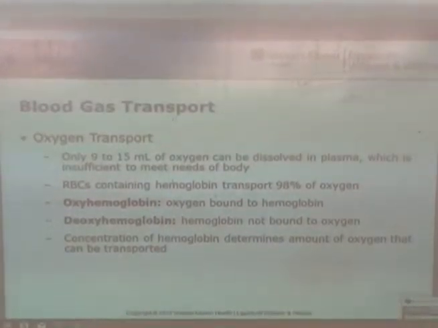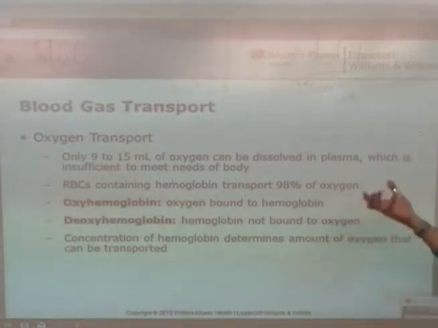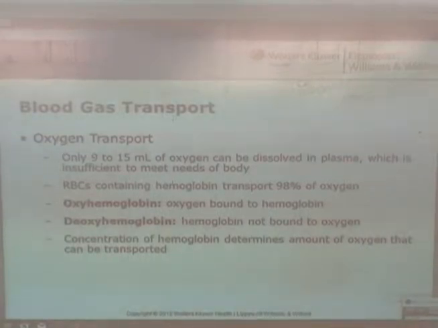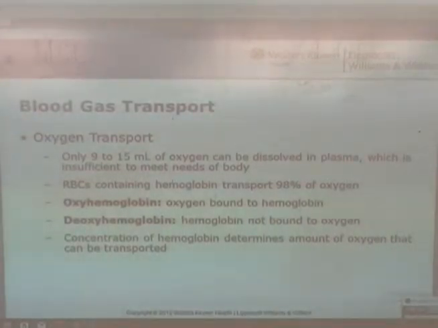If the iron's not available for the hemoglobin, then the hemoglobin can't do its job and pick up oxygen properly. If you work with female athletes who basically hemorrhage, have very, very heavy menstrual cycles, then their aerobic capacity might be diminished for a few days around that time.